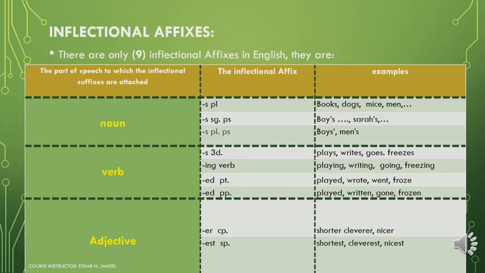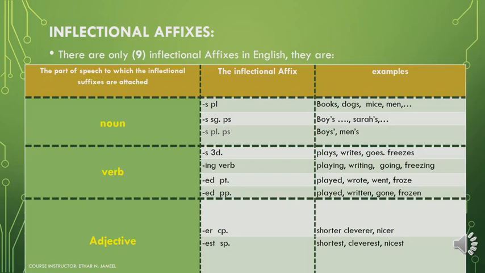We have two other inflectional affixes, and those affixes are attached to adjectives, ERCP and ESTSP. ERCP is ER comparison. So CP is the short form, the symbol for comparison. ERCP comes with adjectives to make a degree of comparison. Short, shorter. Clever, cleverer.